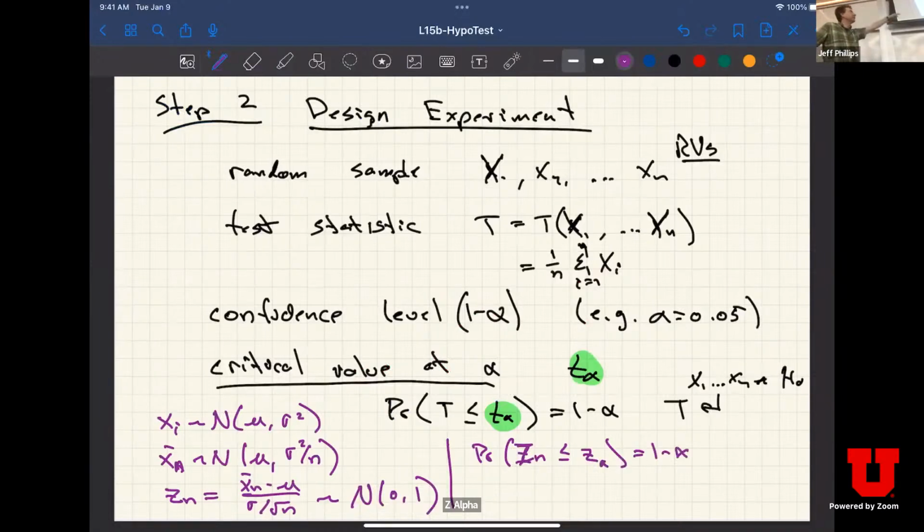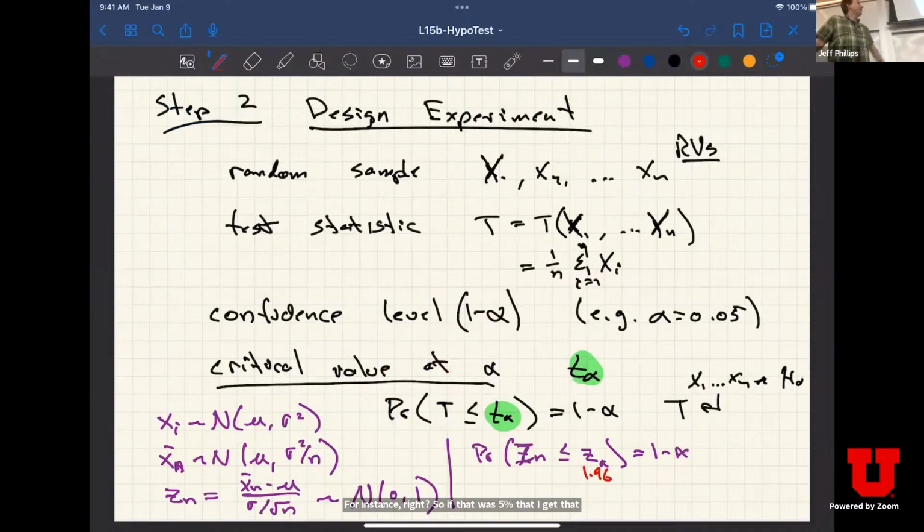Well, this is exactly the same z values that we look up in a table. This is the cumulative density function for the normal distribution, and this is something we can look up in a table. For instance, this may be 1.96. So if that was 5%, I get that alpha equals 0.05 when z alpha is 1.96.